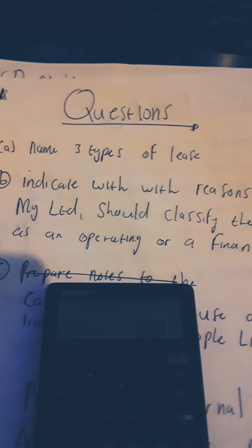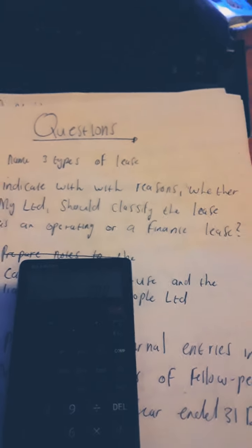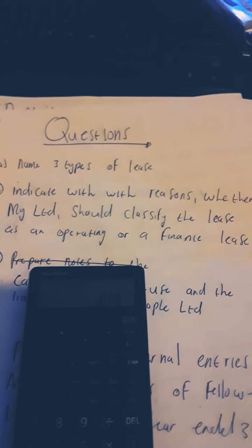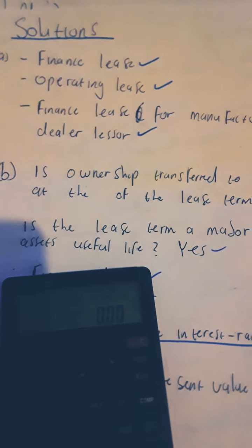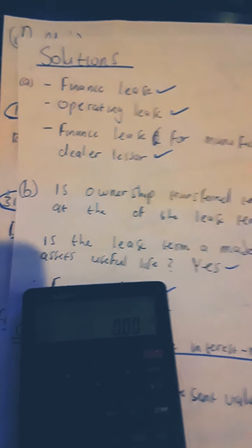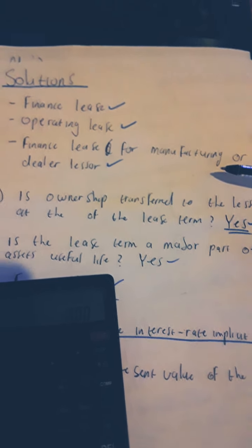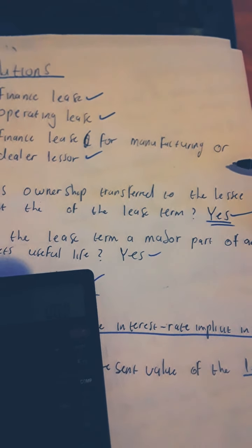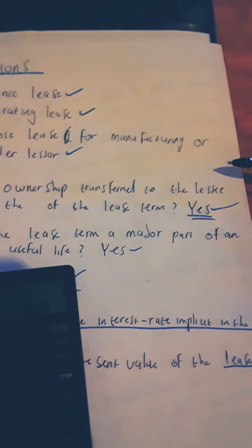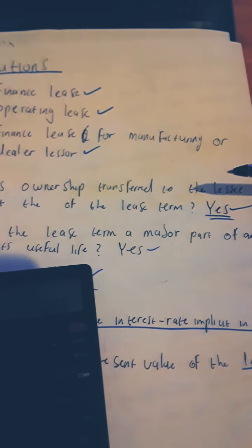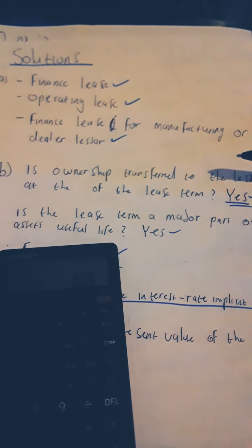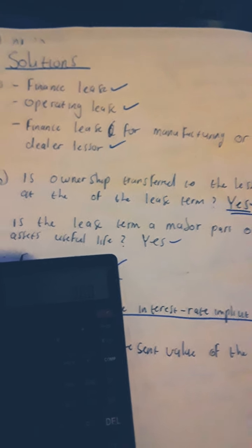Our second question says: indicate with reasons whether My Ltd should classify the lease as an operating or a finance lease. These are some of the questions you have to ask yourself, but not limited to these. Is ownership transferred to the lessee at the end of the lease term? Yes. Is the lease term a major part of the useful life of the asset?